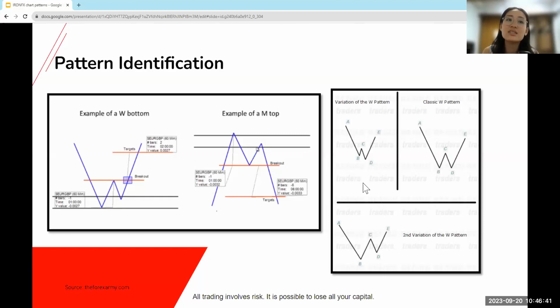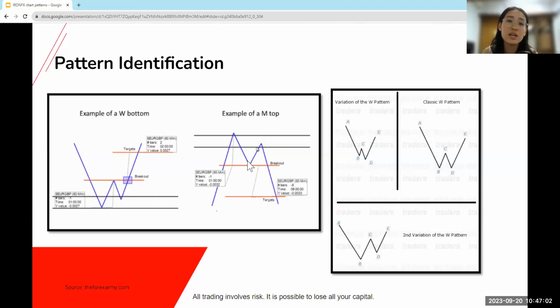Even though it's slightly different and uses a little more Fibonacci tools, ultimately the theory behind it, and how you use it, is about the same. So breakout or upside confirmation basically occurs when price breaks out of this neckline area.